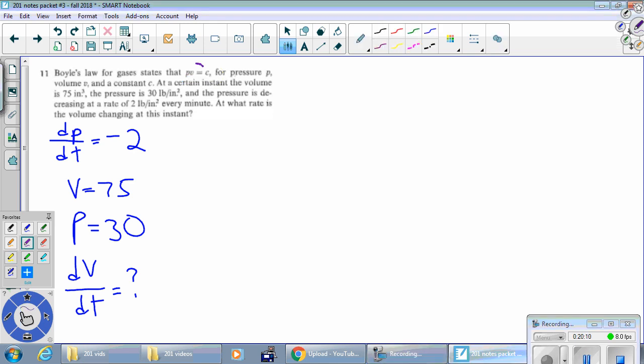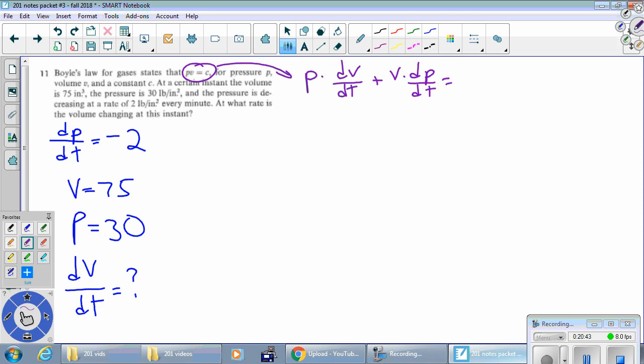Okay, so derivative on the left-hand side, P and V are both variables, which means that the rule we need to use for the derivative on the left-hand side is the product rule. P times the derivative of V. The derivative of V isn't just 1, it's dV/dt. Plus the rest of the product rule: V times the derivative of P. The derivative of P isn't just 1, it's dP/dt.